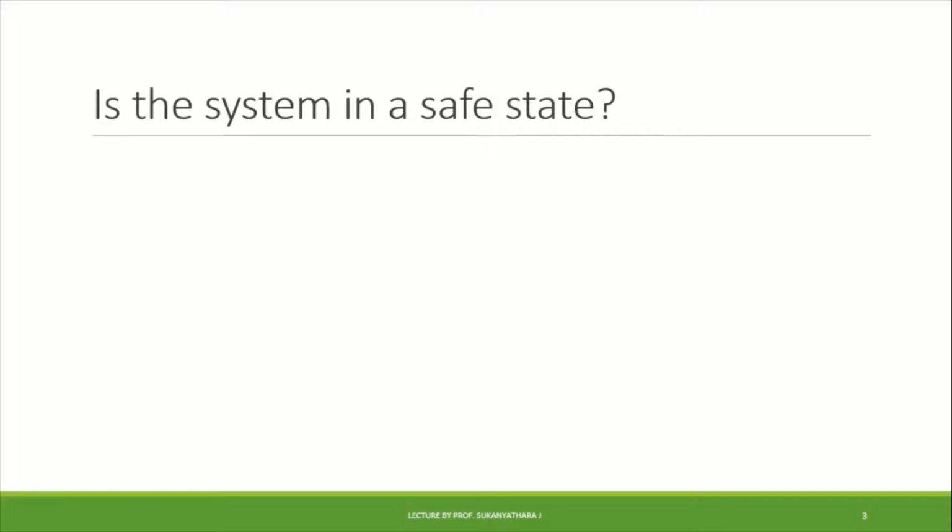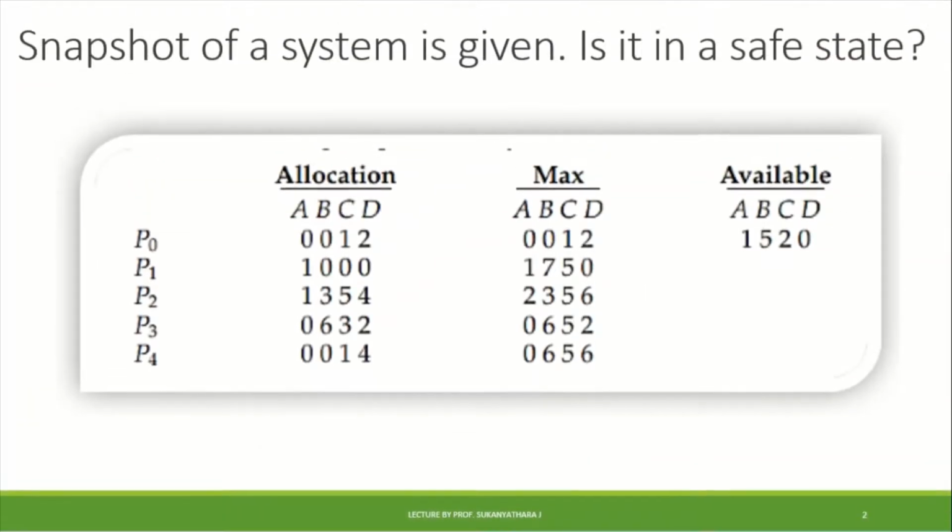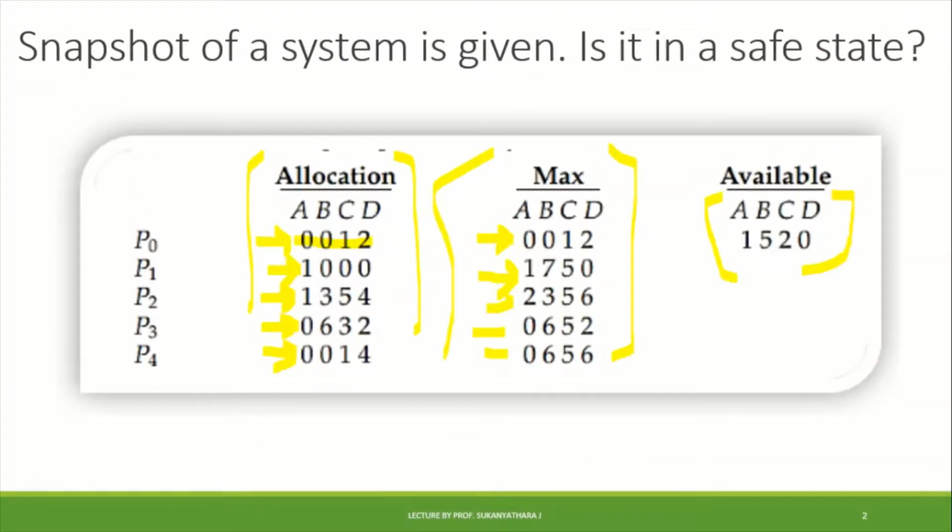So the first phase of Banker's algorithm is to check whether the system is in a safe state. And the second phase of the Banker's algorithm is known as the resource request algorithm. In that phase, the Banker's algorithm will see a process asking for resources.